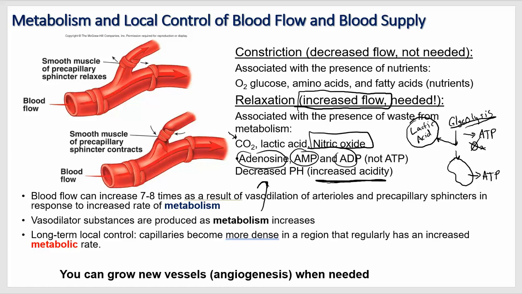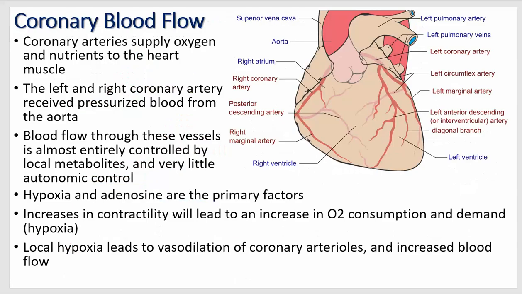So we see that with people who get in better shape. If you use your muscles more often, it'll cause something called angiogenesis, and you can grow new blood vessels, more blood supply, and you can feed the need of those cells. More blood supply means you can get more oxygen and other nutrients to it as well.